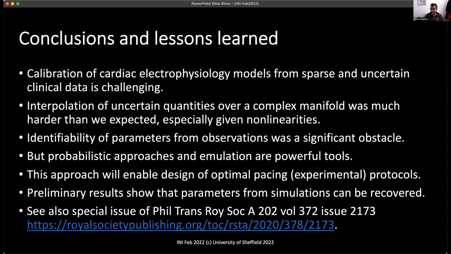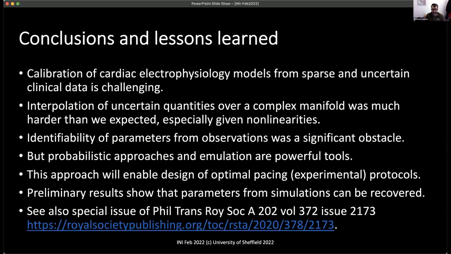Model identifiability is something we probably should have thought about earlier on in the project. But we are finding that these probabilistic approaches, and in particular emulation, are very powerful and useful tools, and we're already using them to design different experimental protocols.